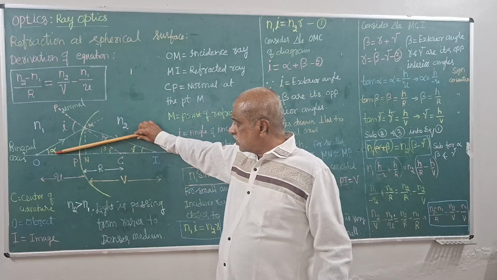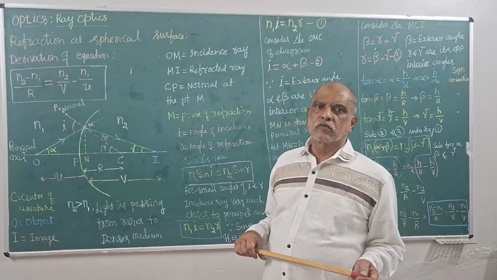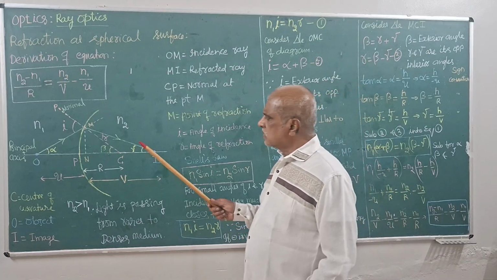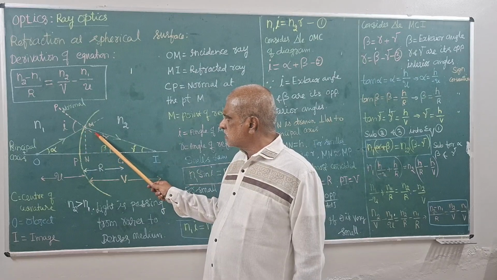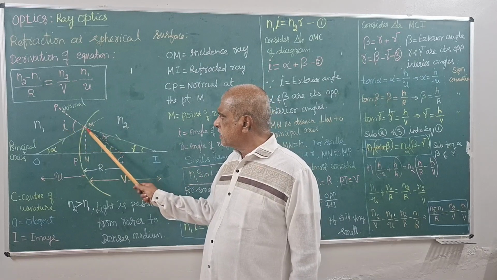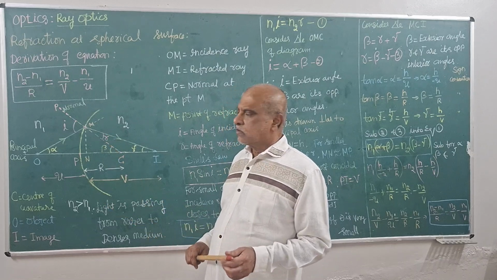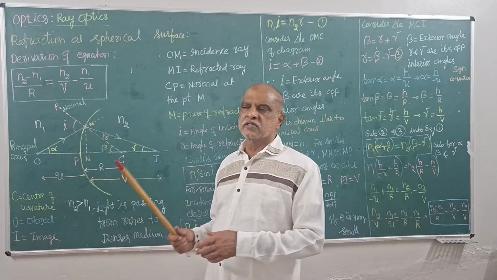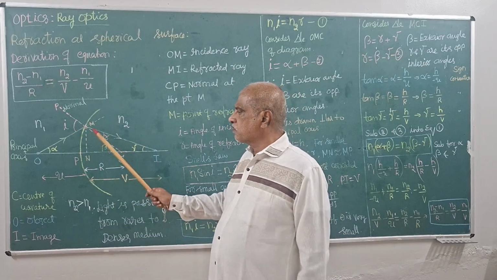Only these rays are important in the functioning of these lenses. So if you consider these paraxial rays, the angle values are very small.